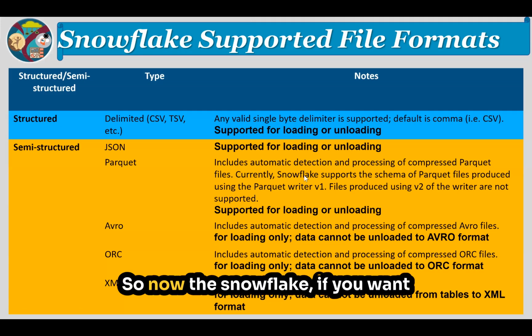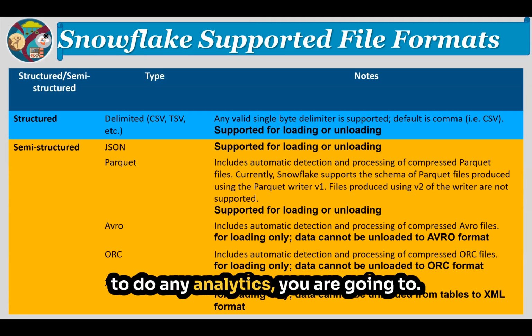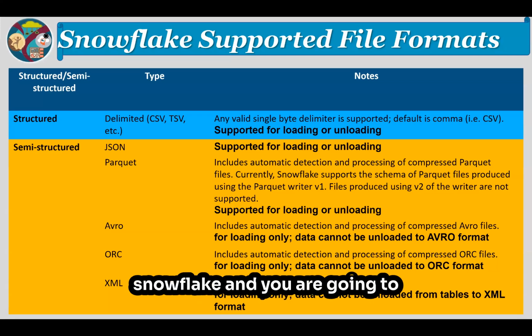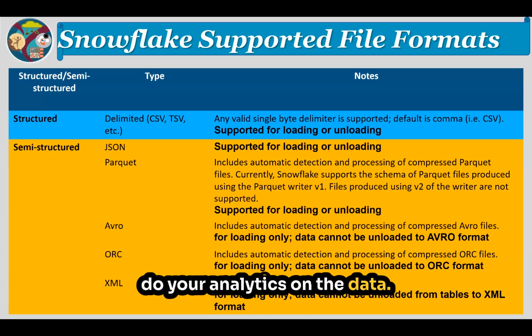Now in Snowflake, if you want to do any analytics, you are going to bring some data into Snowflake and do your analytics on the data. Throughout this training program, we are going to see mostly structured and semi-structured data.